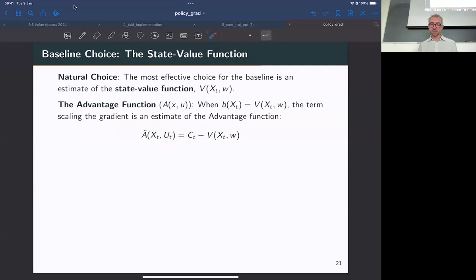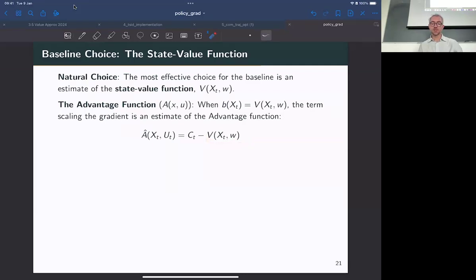Because I'm taking the total cost starting from that state until the end of the episode, minus the value, which is the expected cost starting from the state and behaving according to the policy.